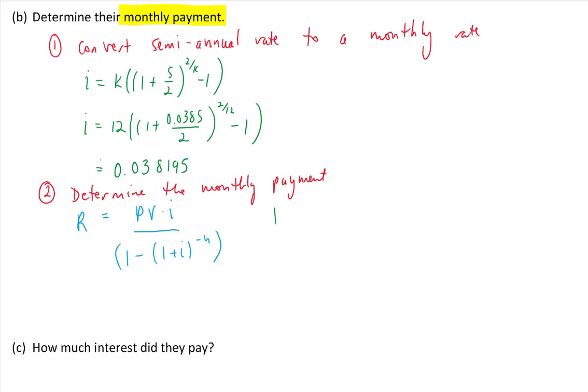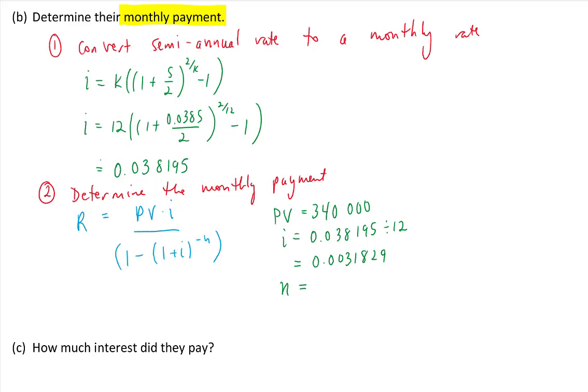And for this example, we know our present value of the loan is $340,000 from Part A. Our interest rate from the calculation above is 0.038195, but again we need to divide it by 12 because it's per year compounded monthly, so we divide it by 12. And that gives us 0.003189.